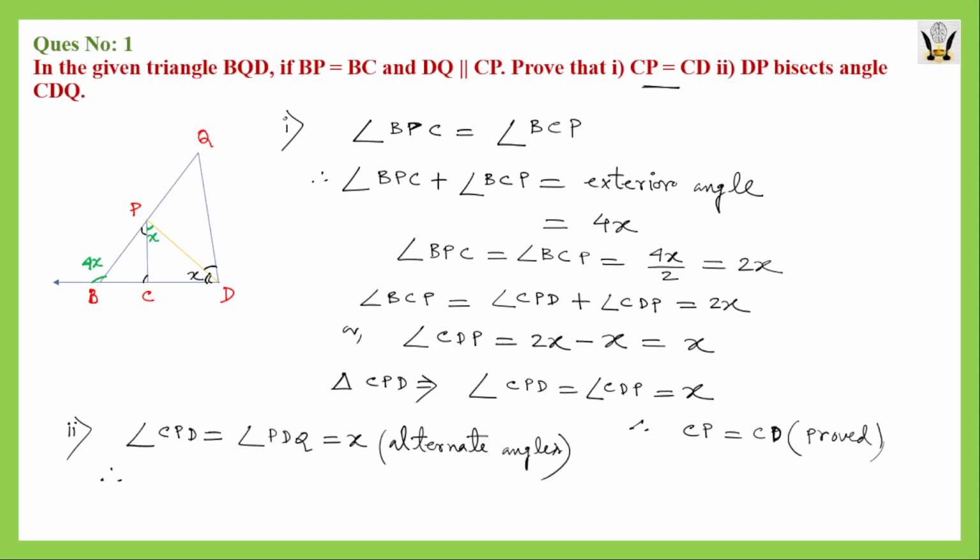So angle CDP is also x, and angle PDQ is also x. Since these two angles are equal, we can say that this line DP bisects this total angle CDQ.